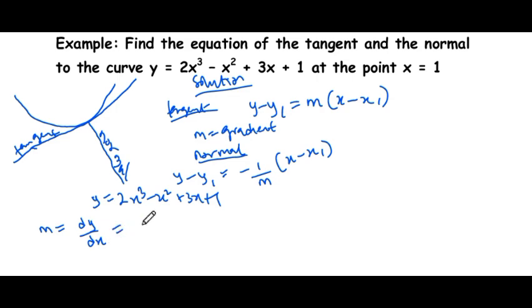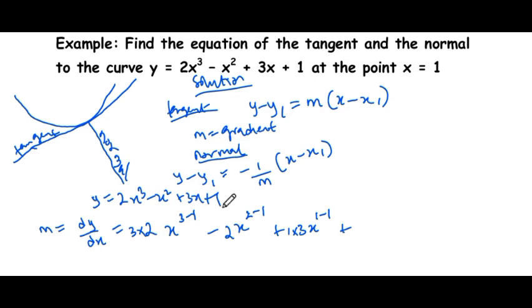When we differentiate this, we have 2x cubed. This 3, use it to multiply this 2, that becomes 3 times 2, raised power 3 minus 1, minus this x squared. This 2 is multiplying, then raised power 2 minus 1, plus this 3x. The power here is 1, so 1 multiplying this, then raised power 1 minus 1. Then this is a constant.